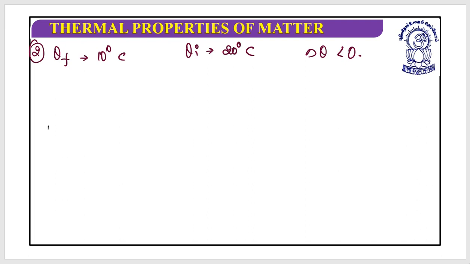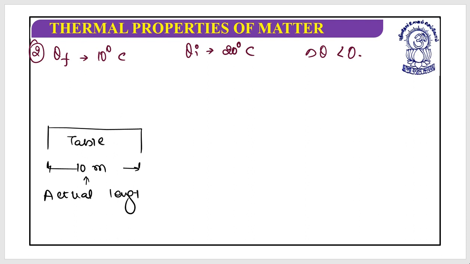When delta theta is less than 0, I mean that this was the table, and this table is of length 10 meter. This is the actual length. And now when I measure it with the scale, the scale would be something like this.